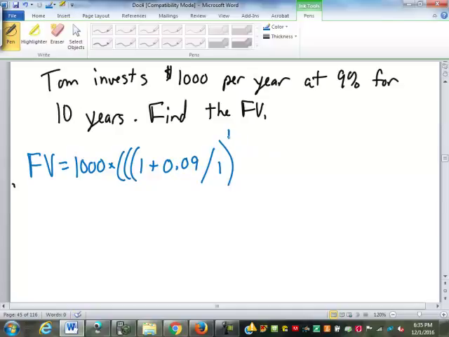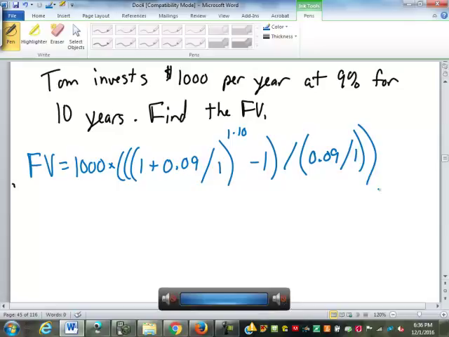To the power of 1 times 10, otherwise known as 10, minus 1, close, divided by, open, 0.09, divided by 1, close and close.